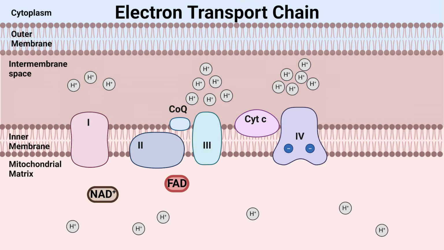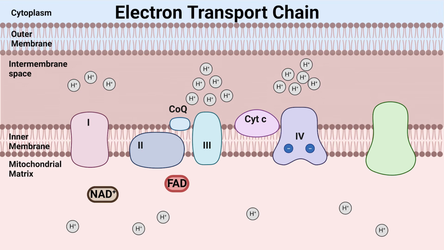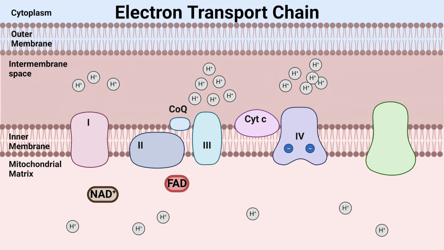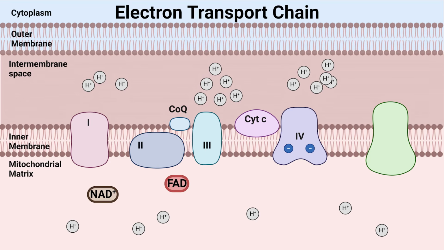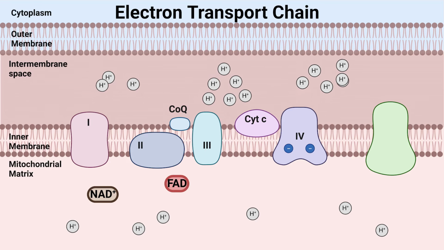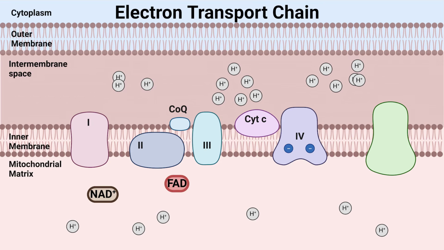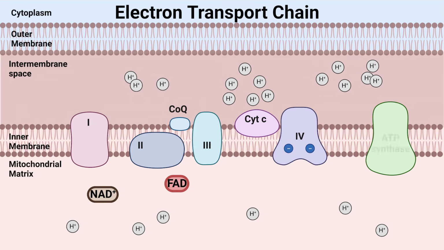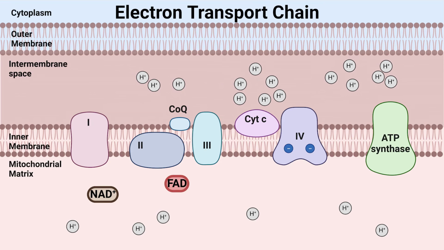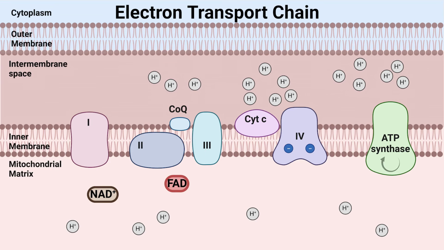But embedded in that inner mitochondrial membrane is a large protein complex, and that protein complex serves as a gateway, a passageway for protons to move from that high concentration back into the matrix. And that protein complex we call the ATP synthase. Its name tells you what it does.